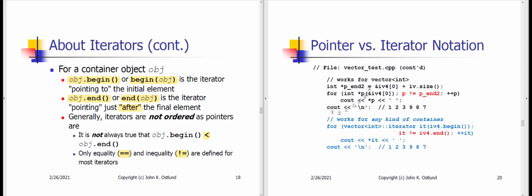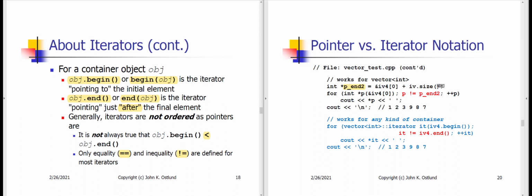So here, this black for loop is essentially a repetition of the for loop that we looked at previously, and I'm using an ordinary pointer variable here. All right, so pn2 is a pointer to an int, and it contains the address of the initial element of iv4 plus 6.